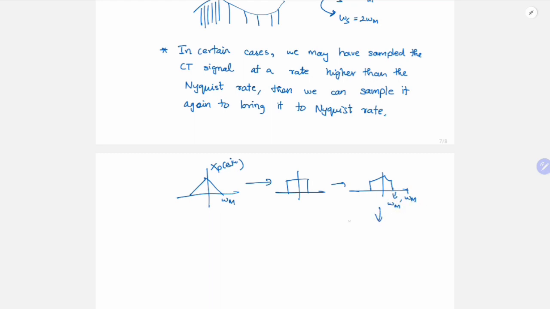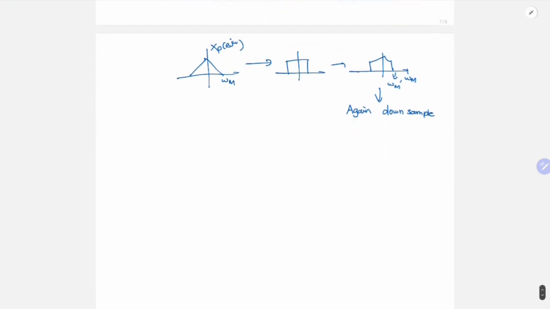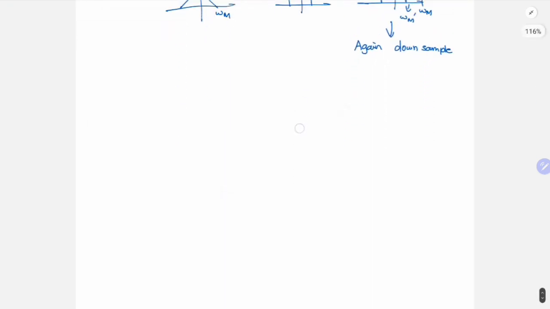Then what I can do is again downsample to bring this omega m again to 2 pi. So this way also I am saving some resources in terms of memory and also in terms of further computations. So this is called downsampling or decimation, and we'll see the mathematical picture.